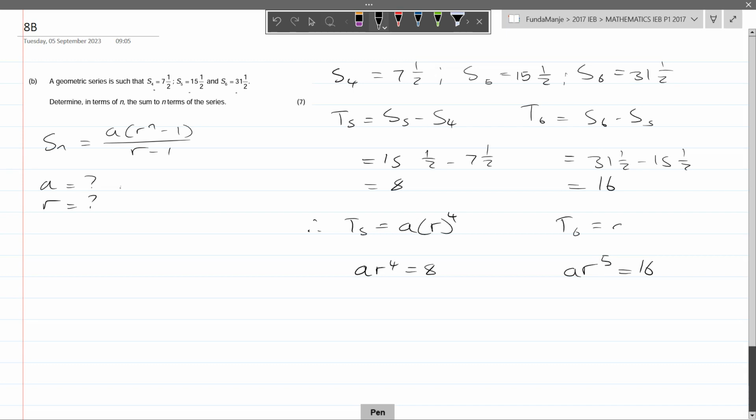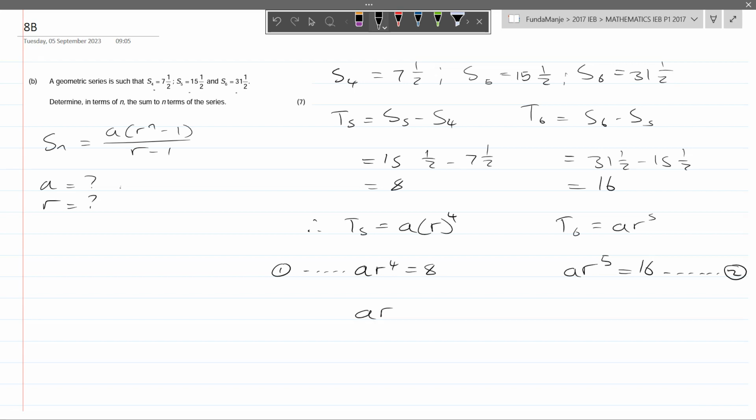It will be a r to the power of n minus 1, 6 minus 1, which is 5. So at this point we can solve simultaneous equations 1 and 2, and we can divide one by the other.